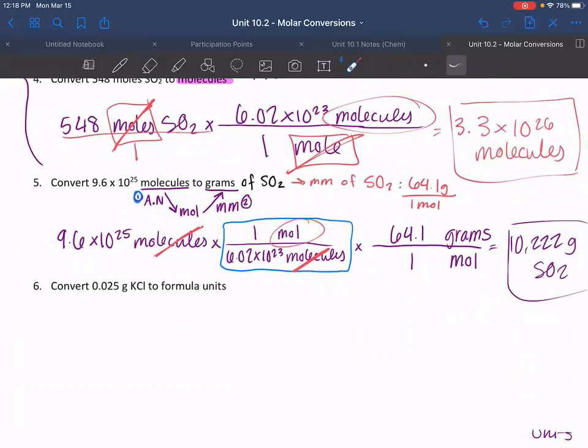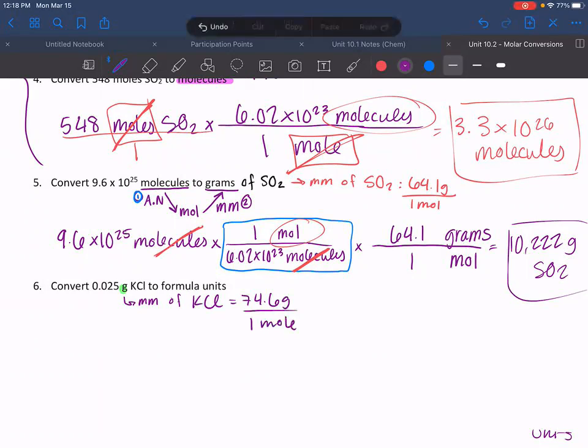All right, last one here. We have grams, so we need molar mass. If we calculate the molar mass of potassium chloride, there's 1 potassium plus 1 chlorine, we get 74.6 grams in 1 mole. We also are working with formula units, which means we need Avogadro's number.